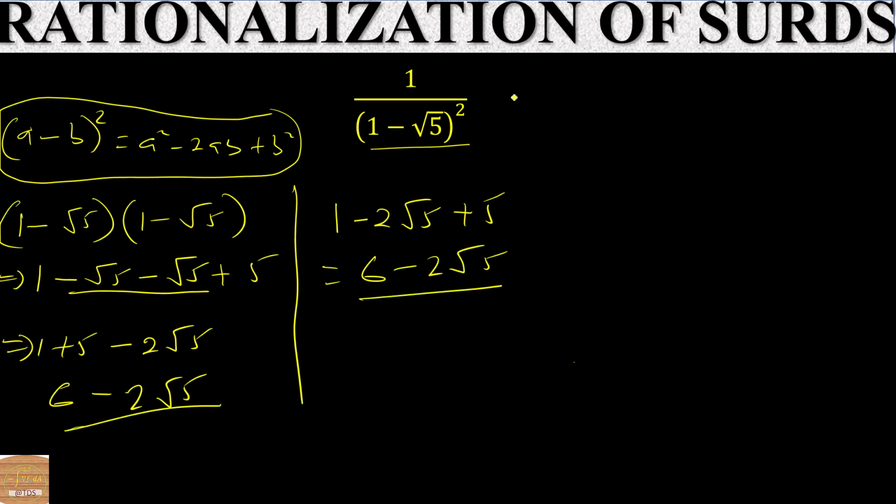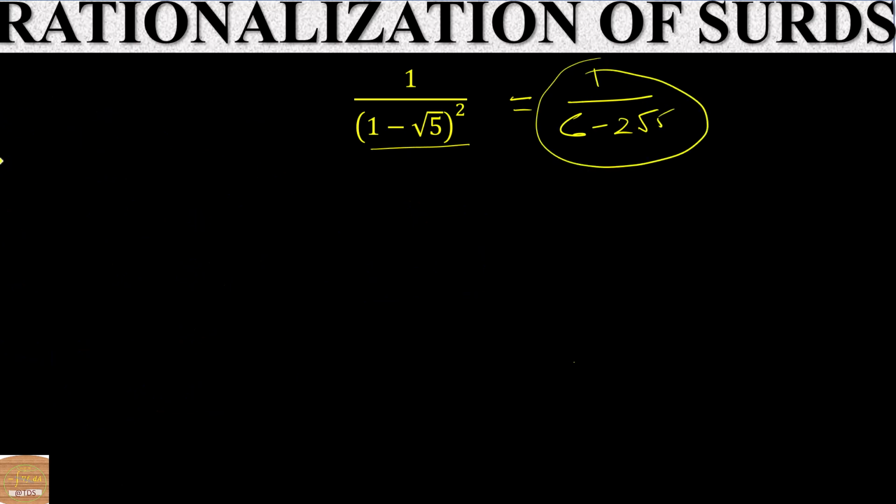Okay, so this one is the same as 1 over 6 minus 2 root 5. So we are going to work with this one. All right. 1 over 6 minus 2 root 5 times. So let's look at the conjugate. So we have 6 plus 2 root 5 over 6 plus 2 root 5.